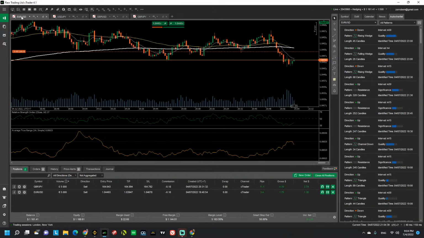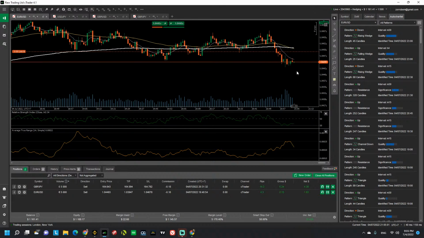Let's look here. Yeah, the 1 minute already broke this barrier. It can go down, but the ATR is going down again. So if it goes down, there might be a retracement here.